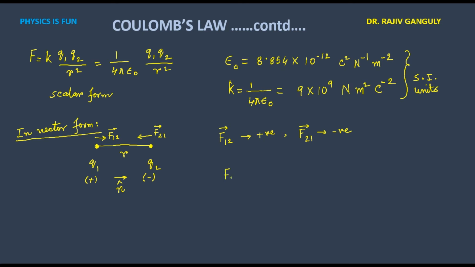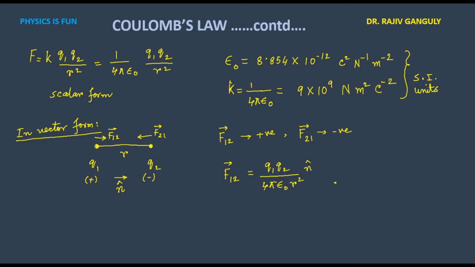So if we want to write F12, which is the force on 2 due to the charge 1, that will give us Q1 Q2 divided by 4 pi epsilon naught r square, multiplied by n cap.